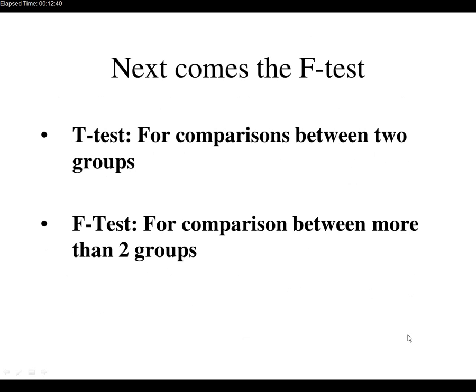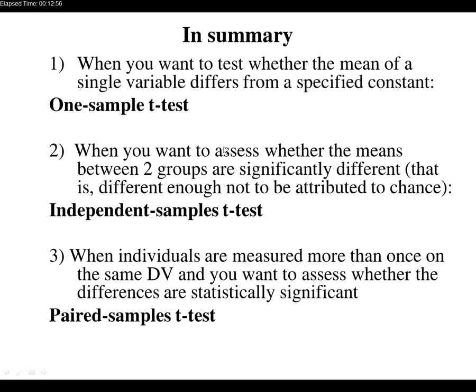Next week, we talk about the F-test, and remember that the t-test is for comparisons between 2 groups. The F-test is for comparisons between more than 2 groups. And in summary for this week, when you want to test whether the mean of a single variable differs from a specified constant, you use a one-sample t-test.